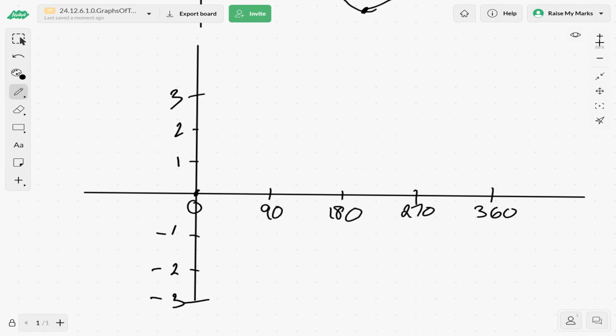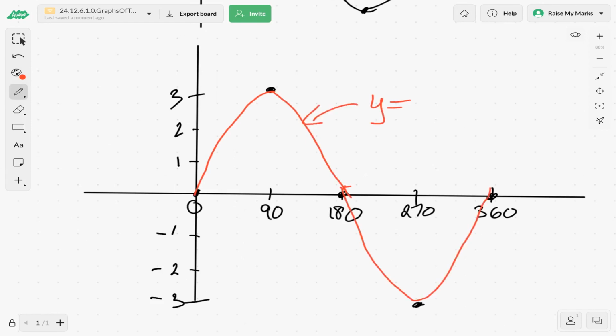So now our vertically stretched sine function, let's try a different color. It looks like this. Not the prettiest graph. All right, so this is y equals 3 sine theta.